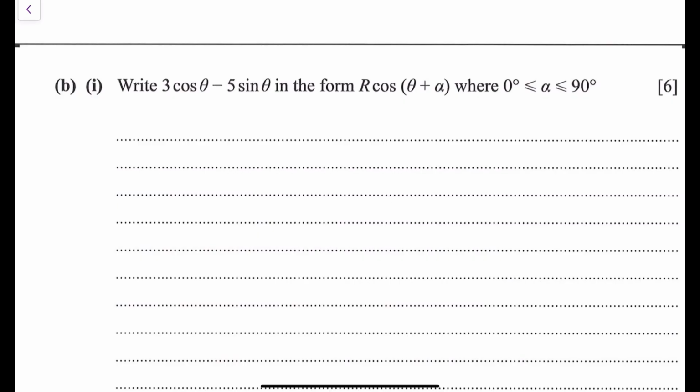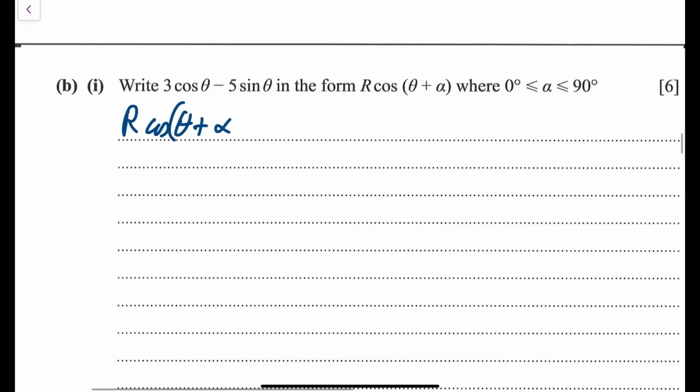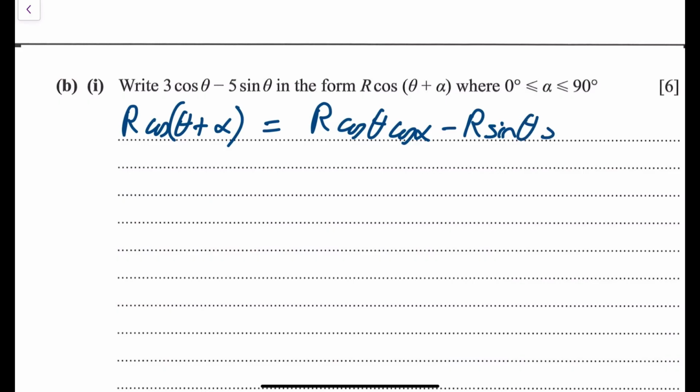It says, write 3 cos theta minus 5 sine theta in the form r cos theta plus alpha. So we're going to write that out first of all. R cos theta plus alpha, that's in a bracket there, is going to be the same as r cos theta cos alpha minus r sine theta sine alpha.